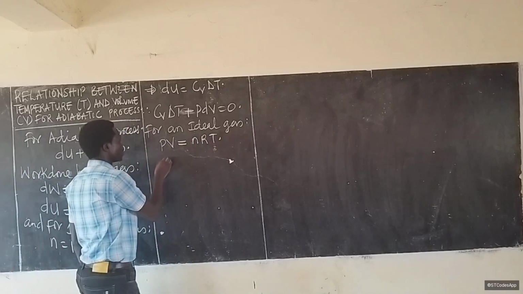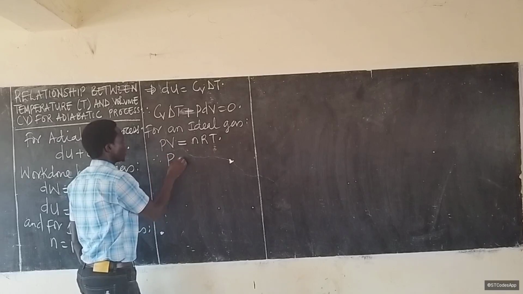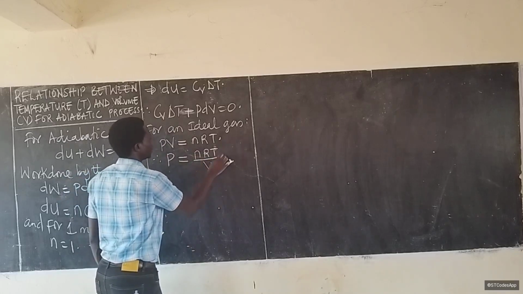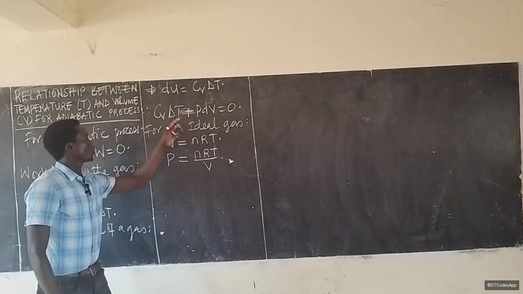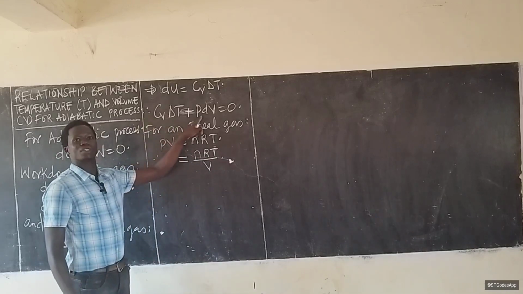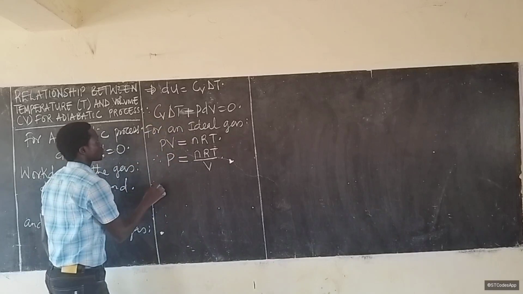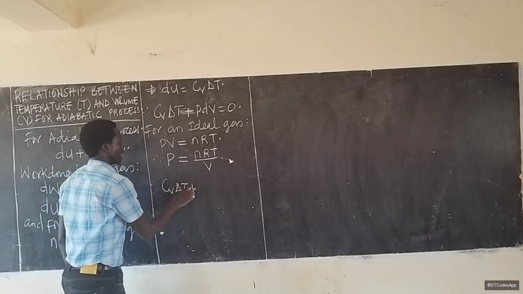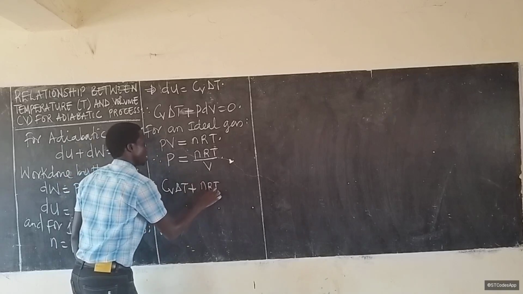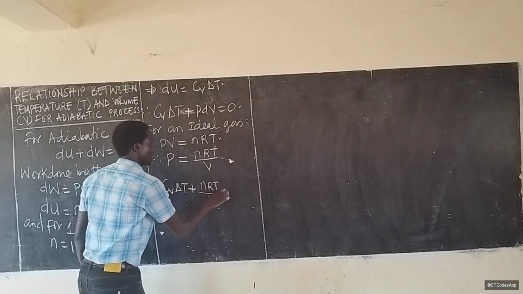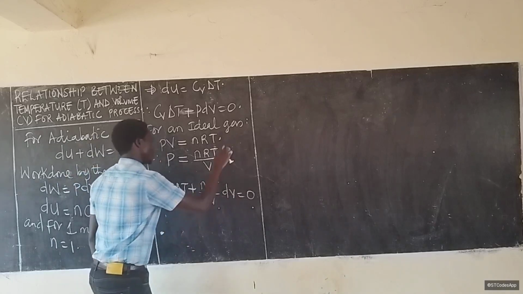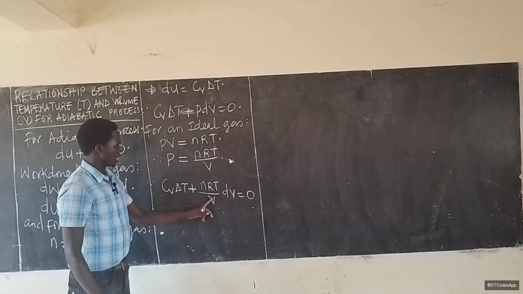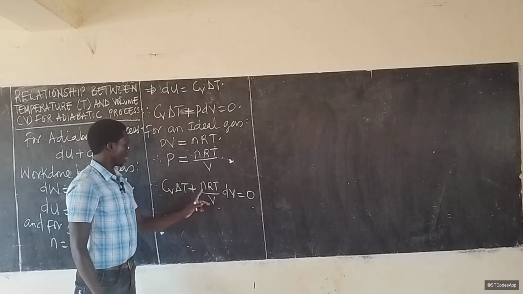So P becomes nRT over V. We are going to replace for P back in this equation. Therefore, we shall have Cv dT plus nRT over V dV would be equal to 0.